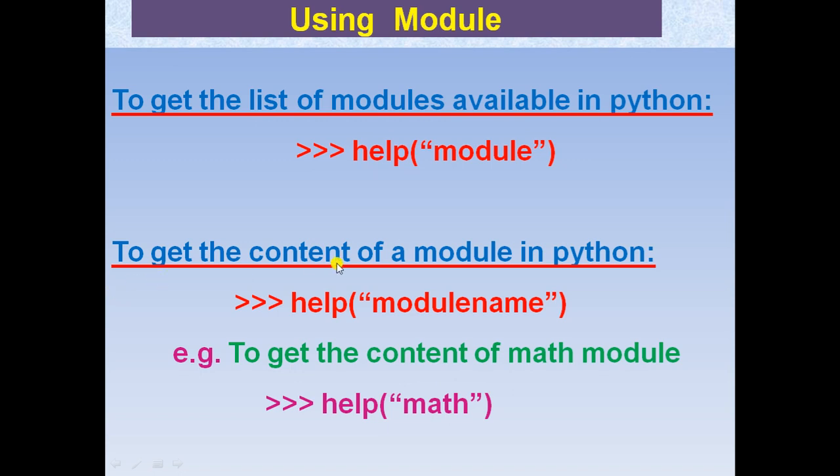And to get the content of a specific module, we can type help and the module name. Suppose we want to know which functions are defined in the math module, then we can type help(math). It will display the different functions defined under the math module. This is a way to use different modules.